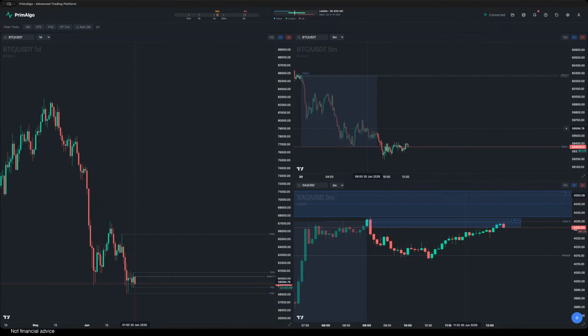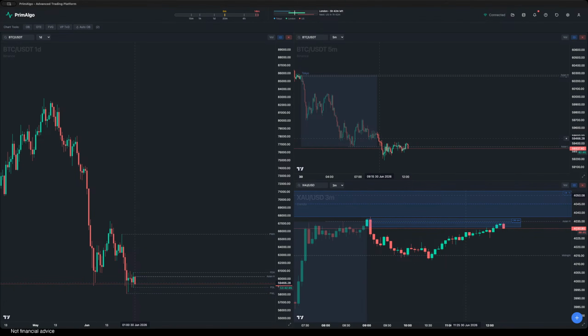So the expectation was during the session of London, which is not even halfway, one scenario was to go above, sweep these levels by the bottom, which it did, basically, and then failed.